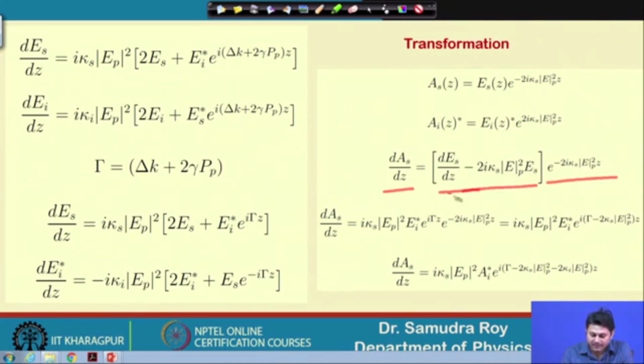Now, this quantity, if I look carefully from here, dES/dz minus 2 i kappa s |Ep| square ES, if I put it here, I can replace this quantity as i kappa s Ep square EI star e to the power i gamma z. So, this is the term I replaced here. And dAI/dz now simply becomes i kappa s Ep square EI, with an exponential term like this.